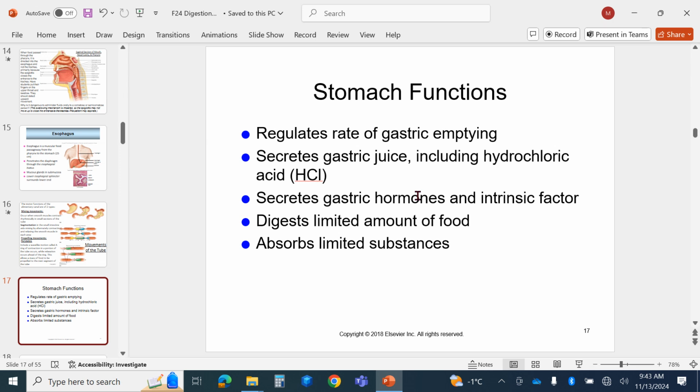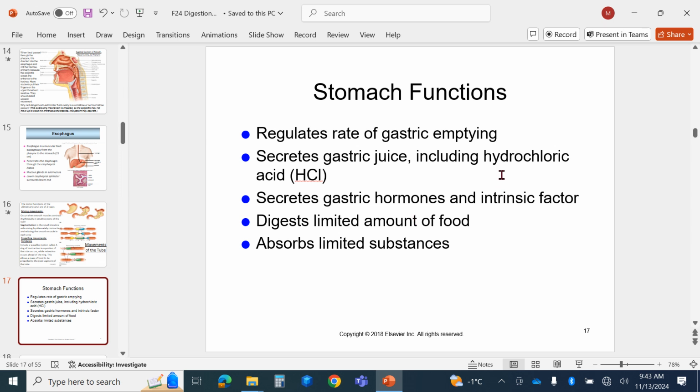Our stomach has a very low pH, and that is the whole point. It breaks down food into its smaller constituents, and it's also an antiseptic measure to control bugs from getting into our inner sanctum. It also secretes gastric hormones and intrinsic factor.